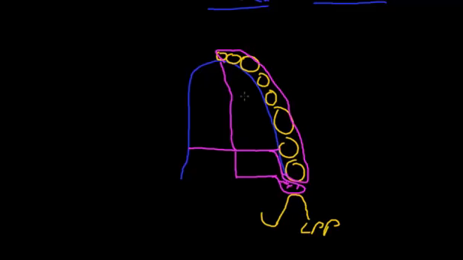So this is the hard palate made up of maxilla and palatine bone. They have sutures running down the midline and sutures joining the palatine to the maxilla.